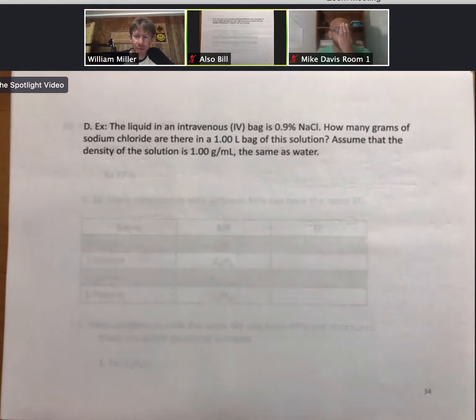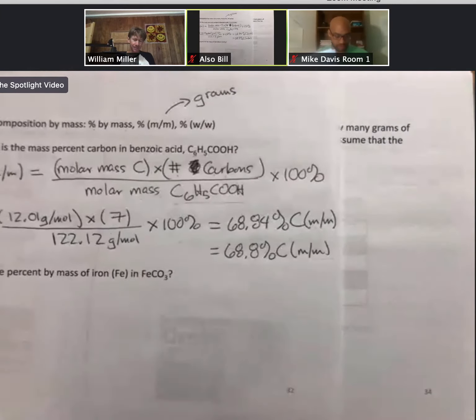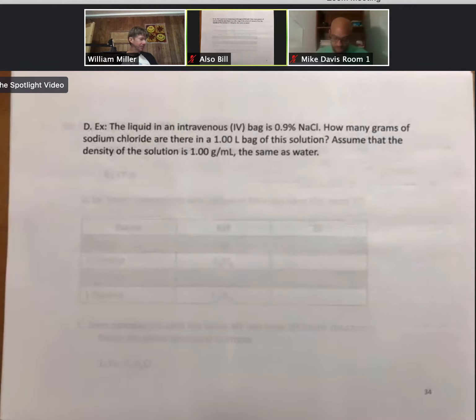Question, when should we be writing in scientific notation for our answers, specifically decimal numbers? Great question. If you look at some of the calculations that I've done, you'll see that first off, I only use scientific notation when there's lots of zeros, meaning it's either a very large or a very small number.